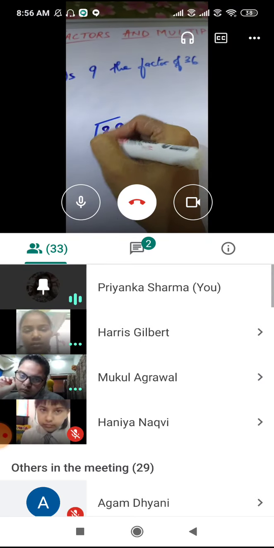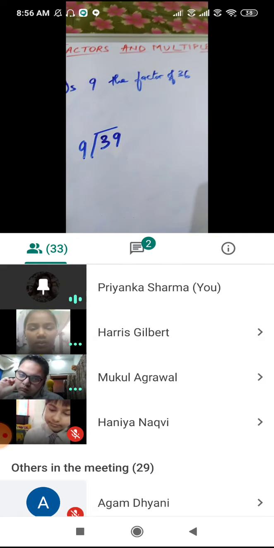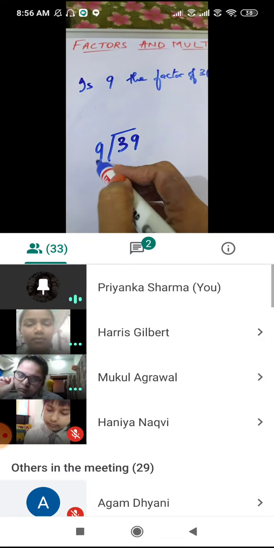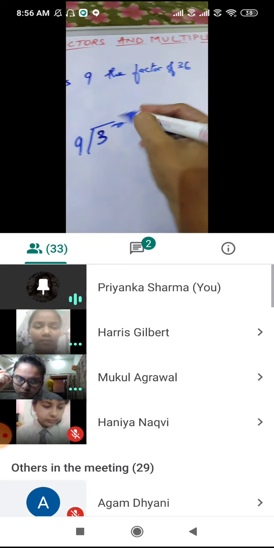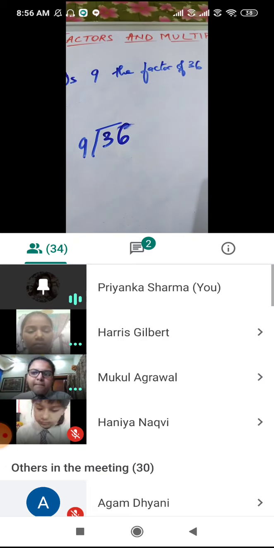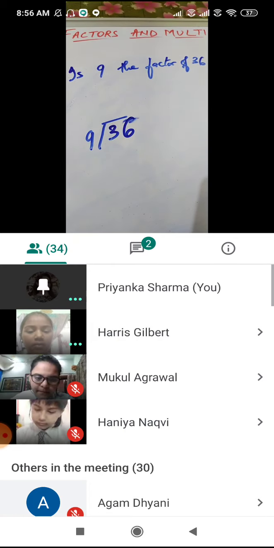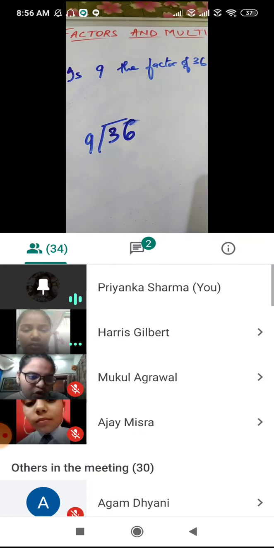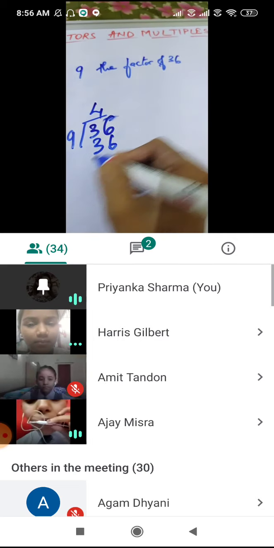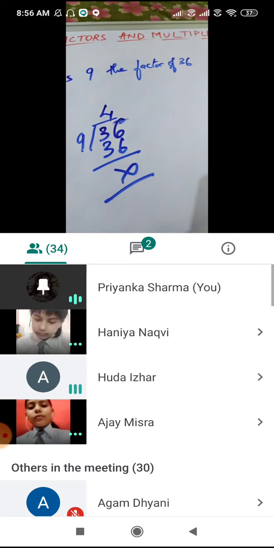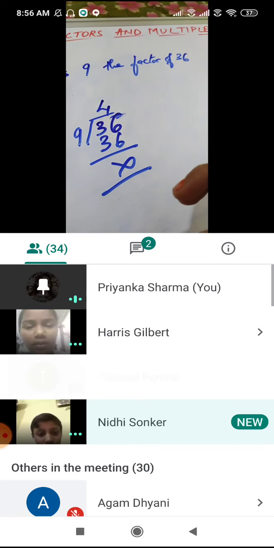36 divided by 9. If we have to find out whether 9 is the factor of 36, then we have to divide the bigger number by the smaller number. How many times will 36 go in the table of 9? 9 fours are 36. Remainder is 0.